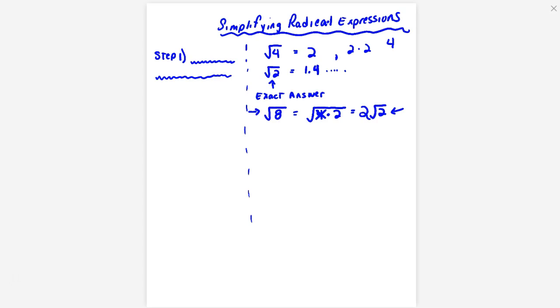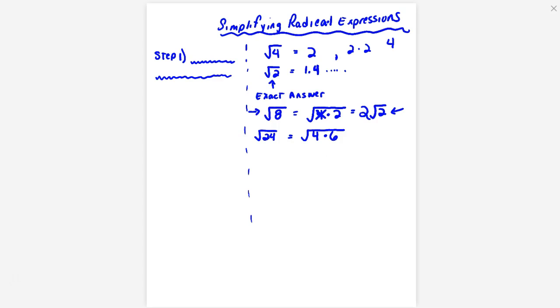Let's try another easy one. The square root of 24. Again, I know that 4 is a perfect square, so that's the same as the square root of 4 times 6. Now I could have said the square root of 8 times 3, but neither 8 nor 3 has a perfect square root.